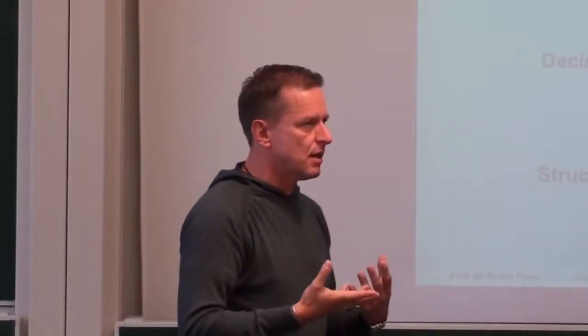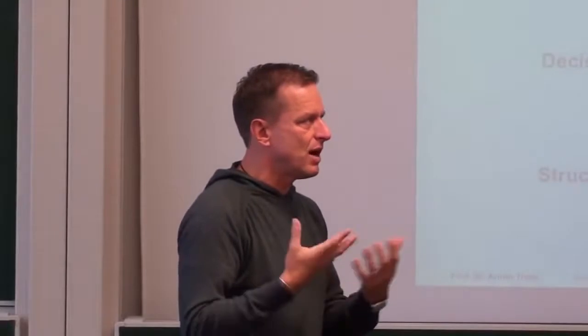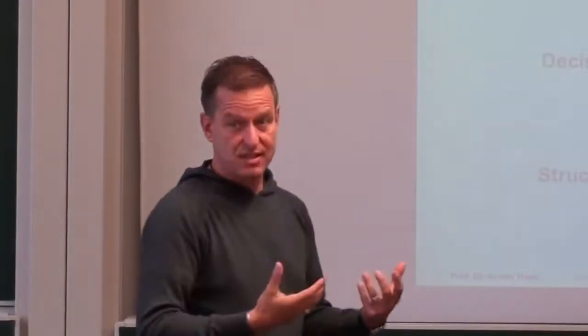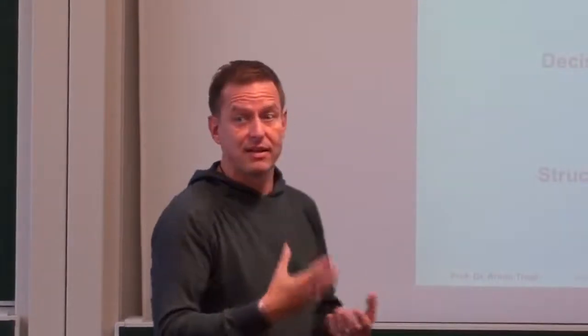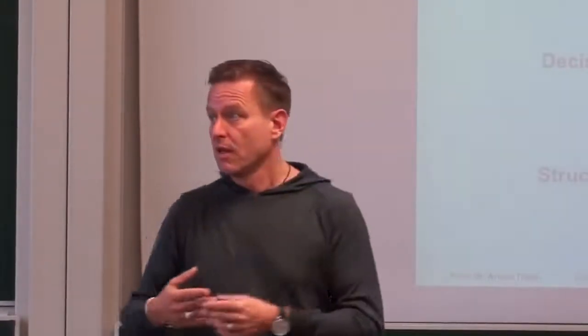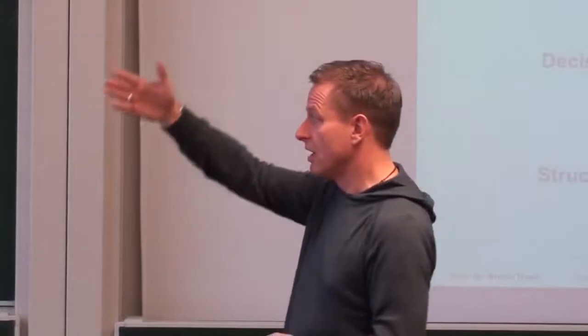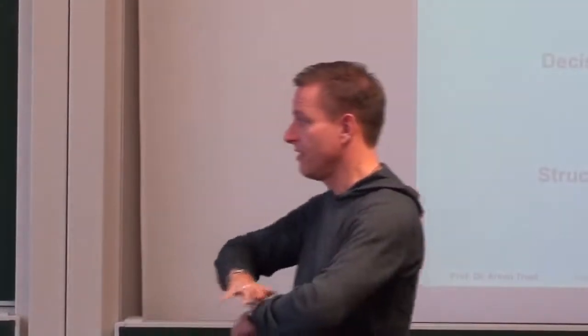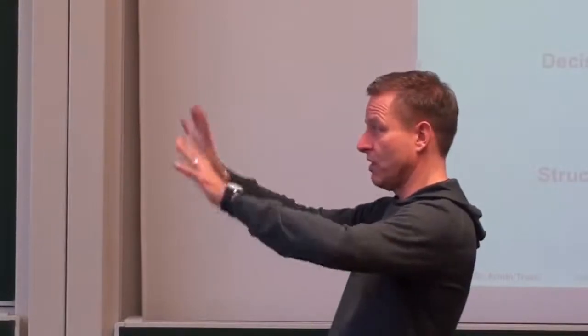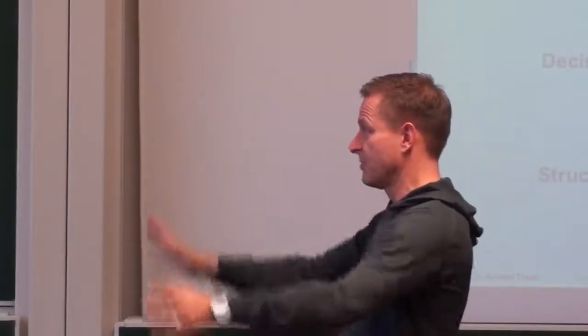There's the idea that people differ in the way they make decisions, right? There are people who are rather rational in their decisions. They go to a warehouse. They want to buy a shampoo. They are faced with 30 different types of shampoo.